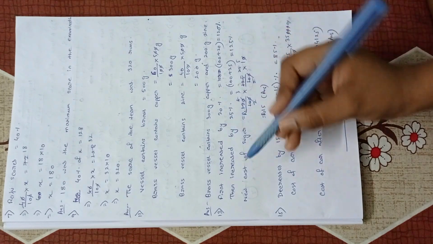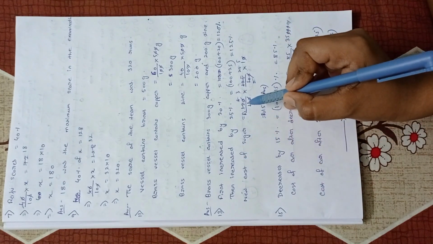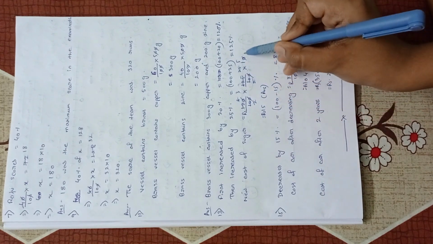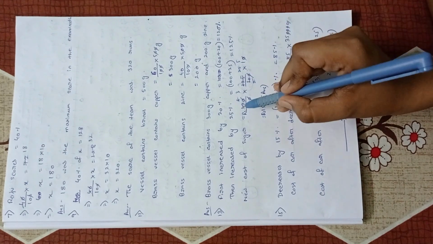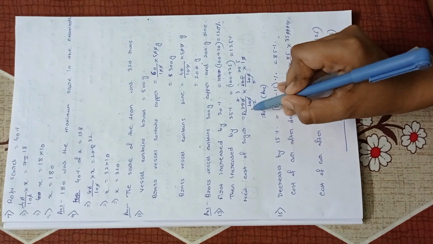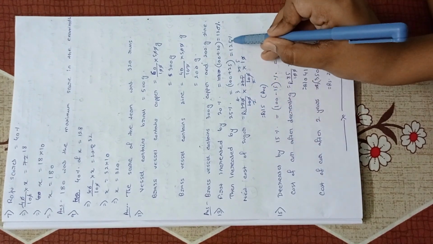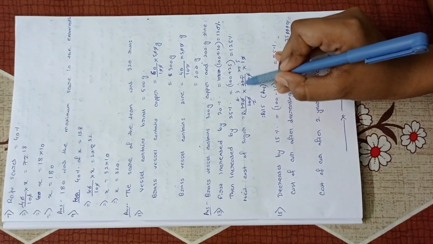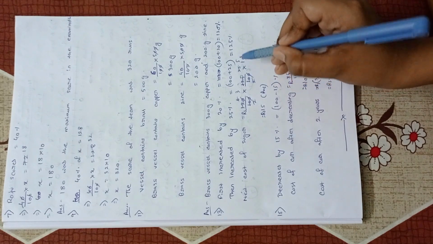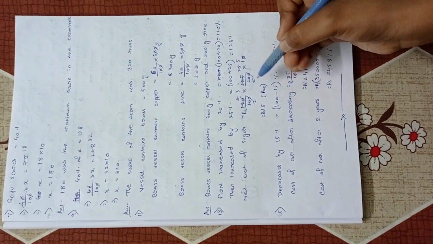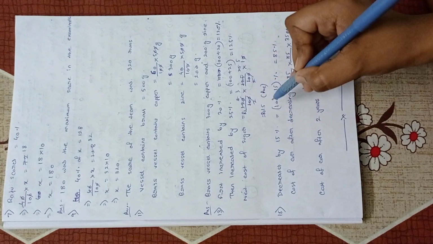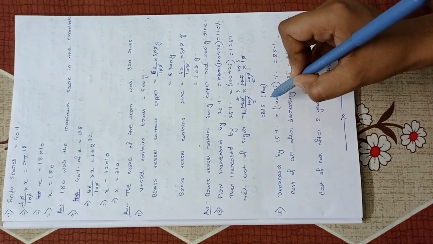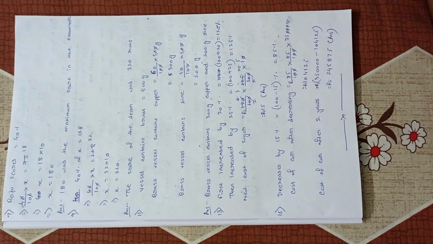Okay, and so the new cost of the sugar will be, it was already 10. So 120 by 100 and 125 by 100 and multiply by 10. It is already given in the question, and by doing this multiplication you will get 15 as the answer. Okay, do the multiplication on your own.